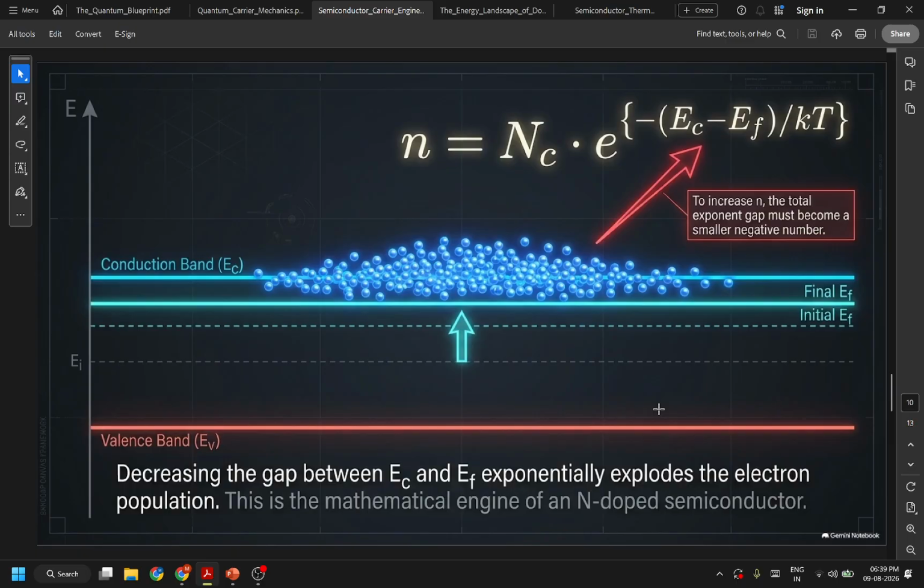So by making the value of EF closer to the conduction band, we are reducing Ec minus EF, which will effectively increase the value of e to the power minus (Ec minus EF) by kT, and this will increase the value of n. So decreasing the gap between Ec and EF exponentially explodes the electron population. This is the band energy diagram of an N-doped semiconductor.